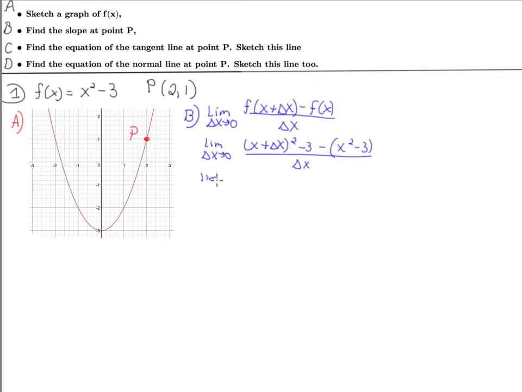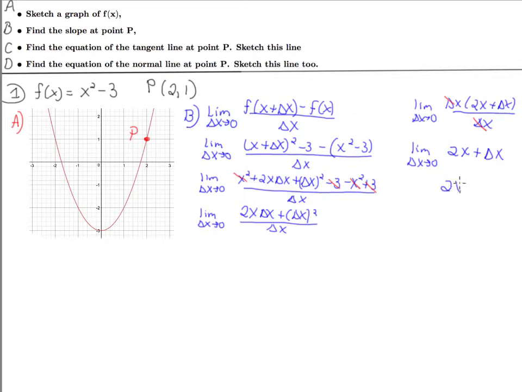Now it's time to get out the algebra, simplify this down, and let's see what we end up with. We're going to do direct substitution, replacing every delta x with 0. The equation for finding the slope of the tangent line at any given point on the function f of x is 2x.